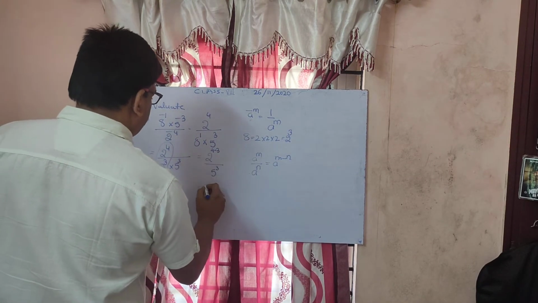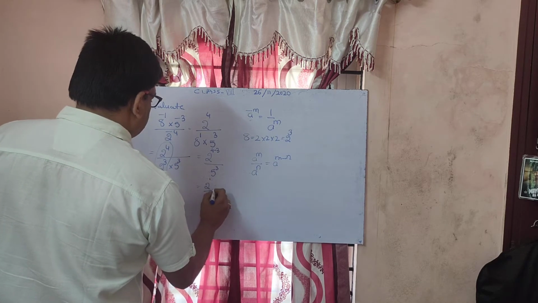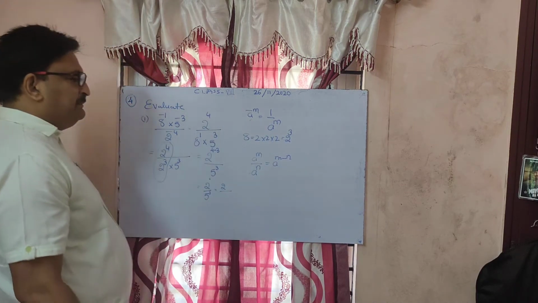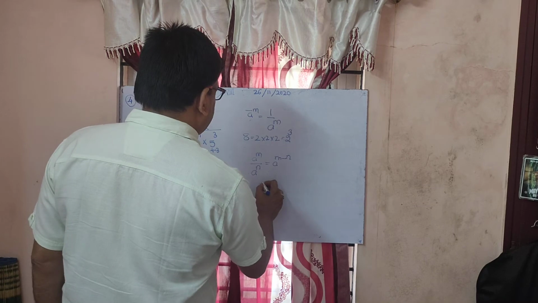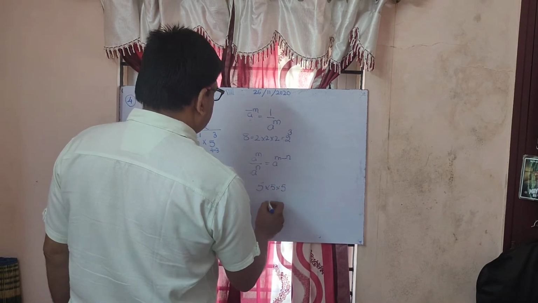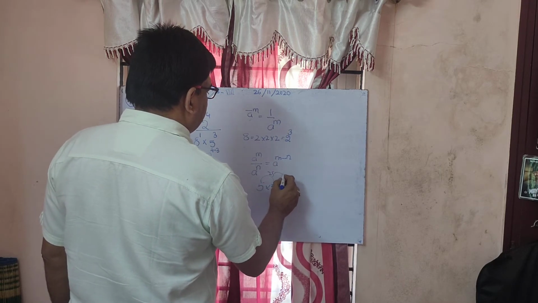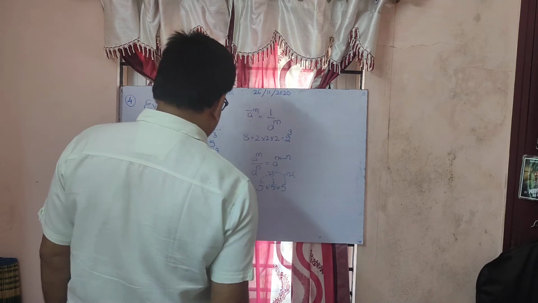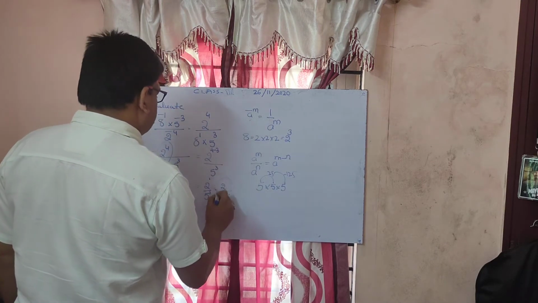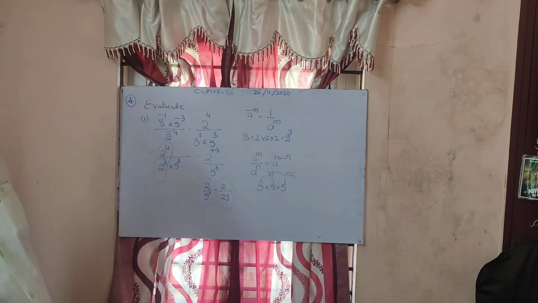So 2 to the power 4 minus 3 is 1, that is 2. 5 to the power 3 means what? 5 is multiplied by 3 times. 5 5s are 25. 25 5s are 125. So 2 upon 125 is the answer.